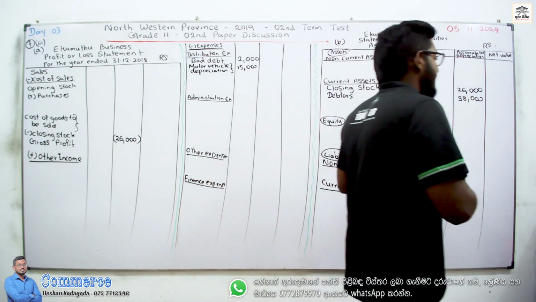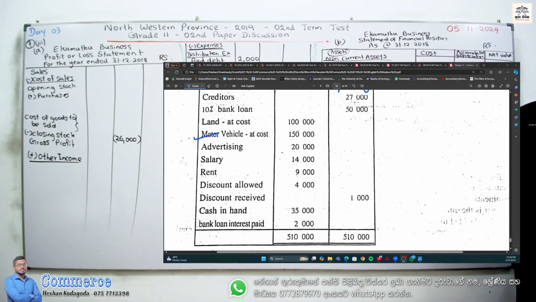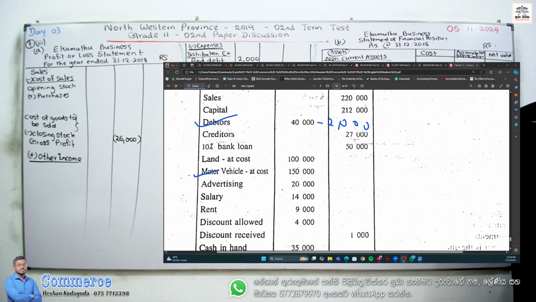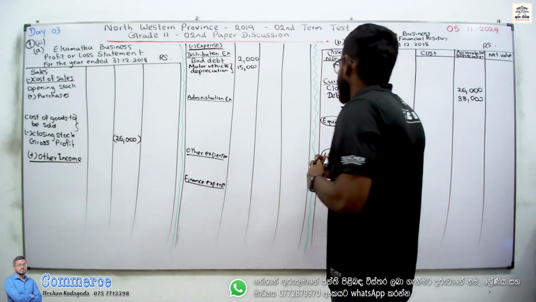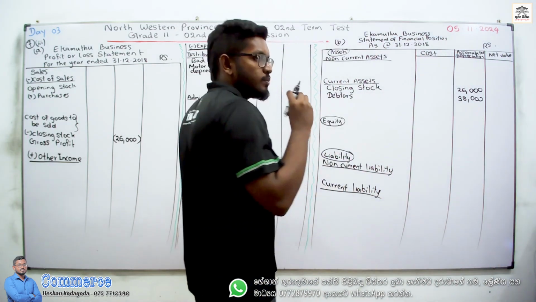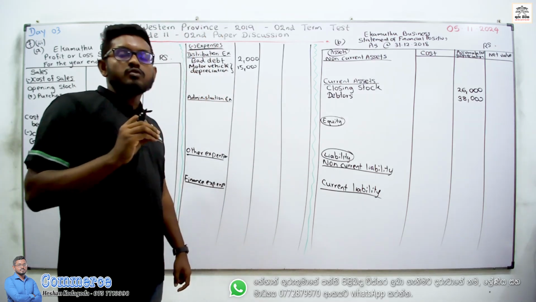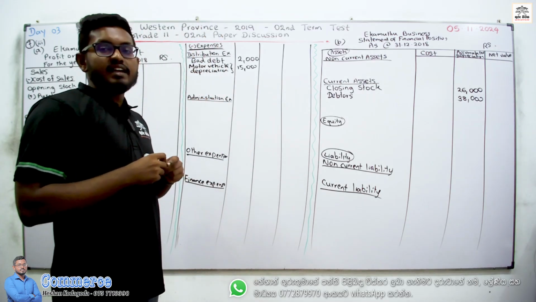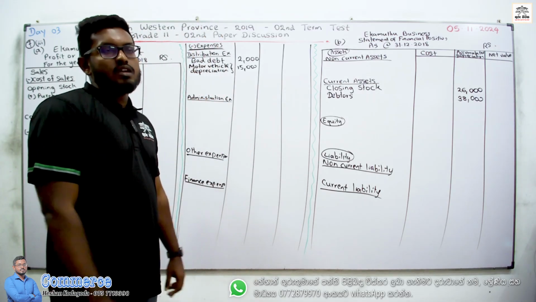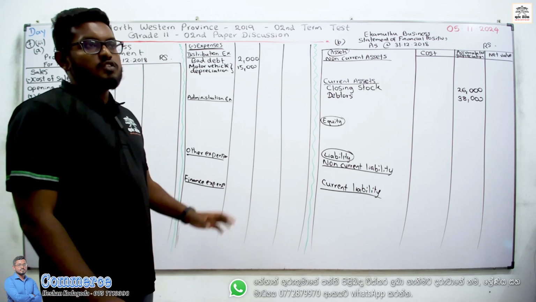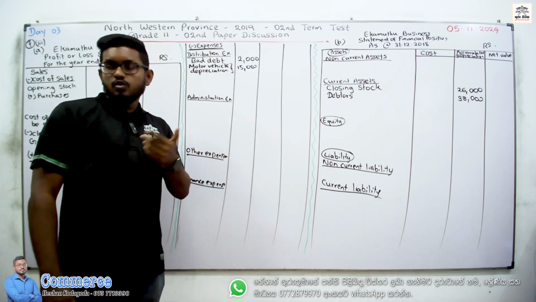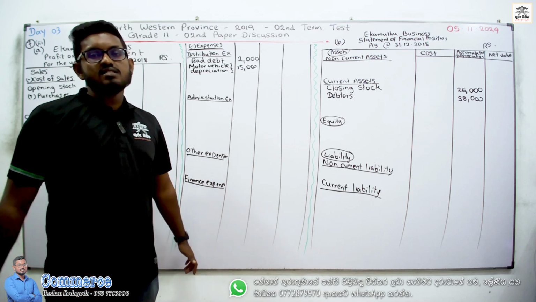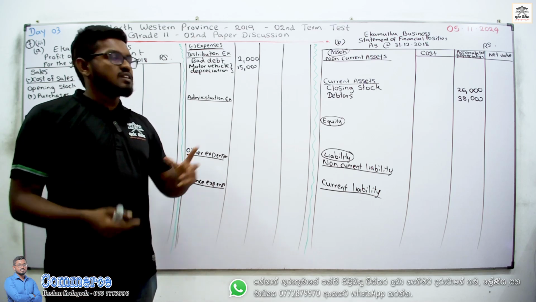Check whether any land and building are there. Yes, land is here. First, keep space to write the land. We are arranging it according to the liquidity concept. Those who miss these things, don't worry. I'm going to do this again in the revision, within about 2 days, before doing the past papers relevant to these things.